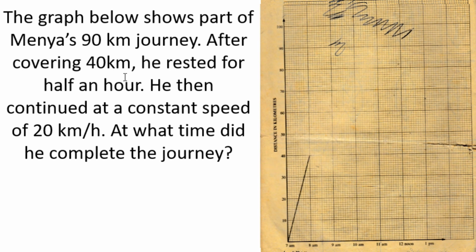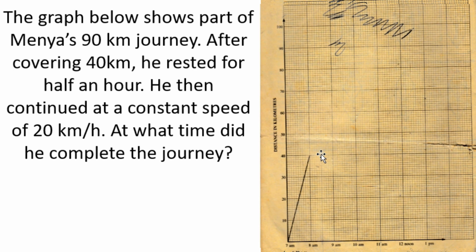So we are told that it was a 90-kilometer journey, so the journey should end at 90. And after covering 40 kilometers, so from 40 kilometers where he has reached here, we should have a rest of half an hour. That would be quite easy to put a rest, which is just a horizontal line from 8 to 8:30 there.